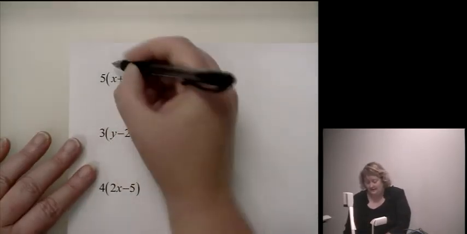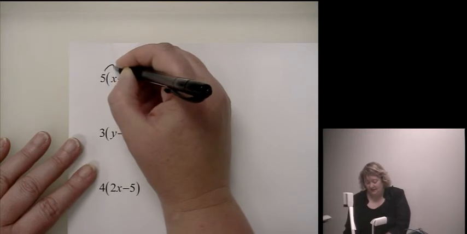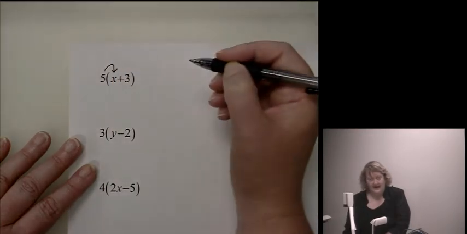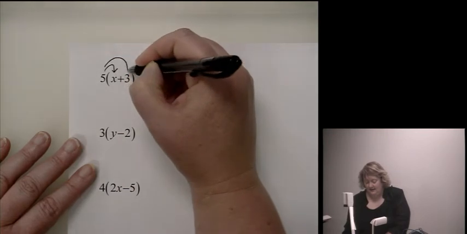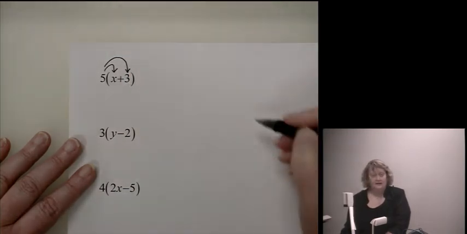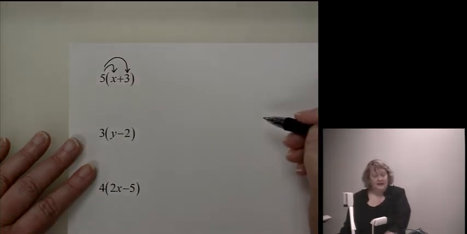And then we're going to simply take this 5 and multiply it with the X, and then multiply it with the 3. And I'm using the arrows to help emphasize this, and until you get the hang of it, you may want to do so as well, but they're not necessary if you get the hang of it really quick.